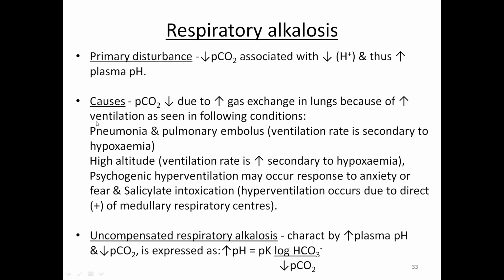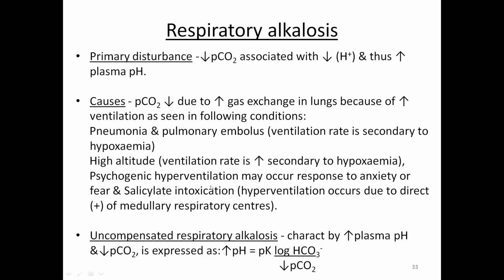In what conditions do you see increased ventilation? Pneumonia, pulmonary embolus, where ventilation rate is increased secondary to hypoxemia. Then high altitude, where again ventilation rate is increased secondary to hypoxemia.